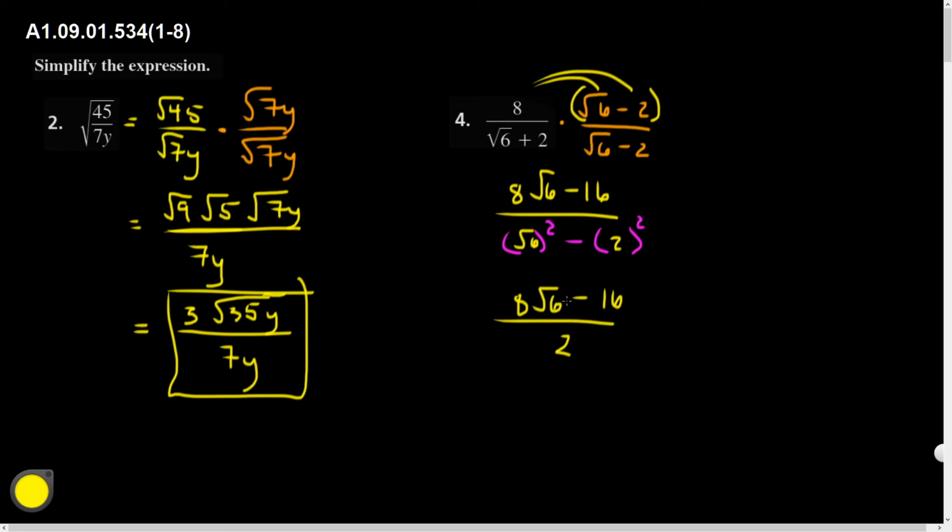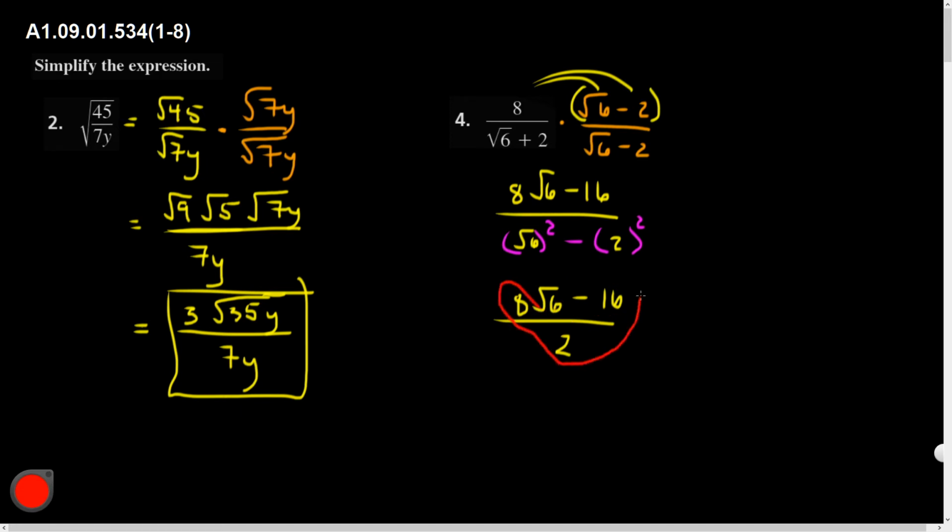Okay. Now, we actually haven't had a lot of problems like this, but it turns out this 2 can be reduced with this 8. But if I'm going to reduce it with the 8, because there are 2 separate terms here, I'd have to reduce it with both of those terms at the same time.